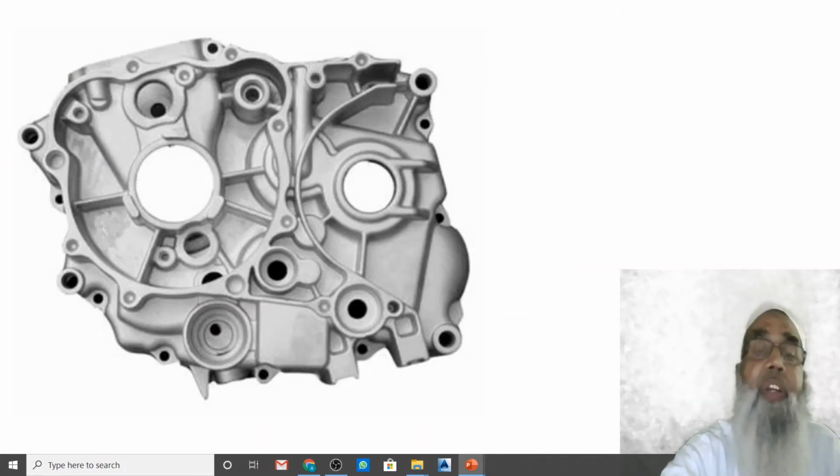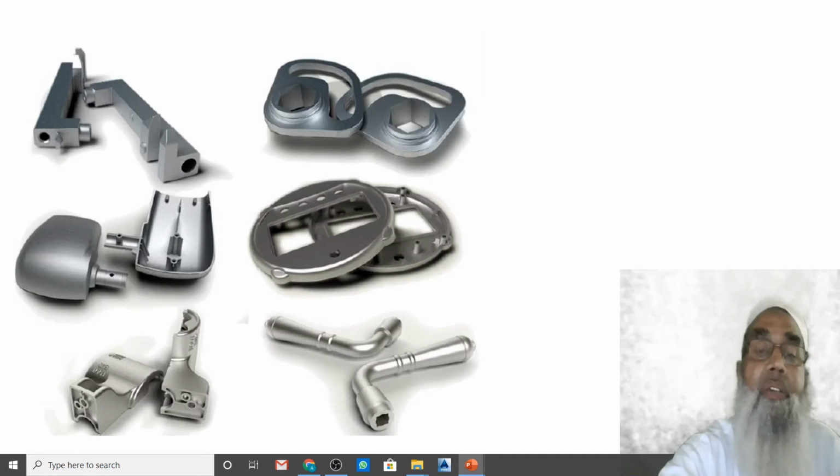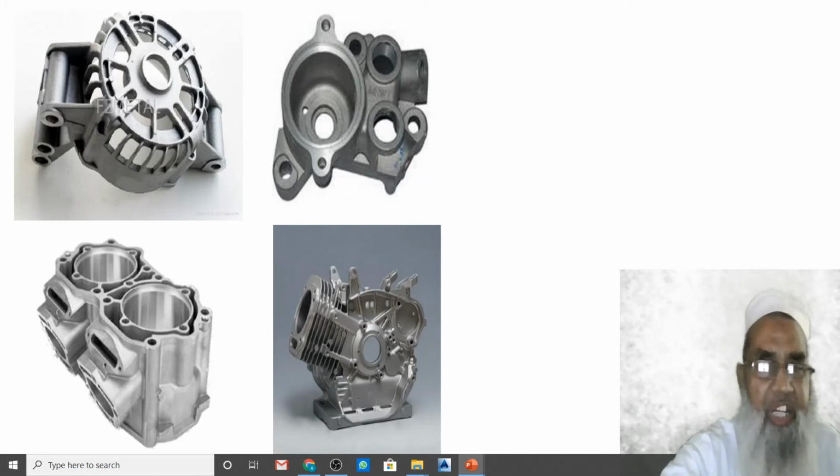These are a few products obtained through the cold chamber die casting process. You can see the intricacy, which can be achieved with good details.